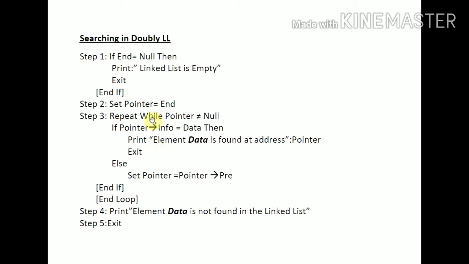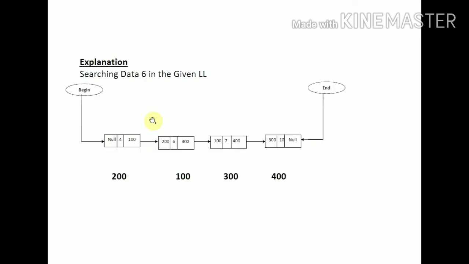Now we are going to see the example part. This is our linked list, and the element we are going to search is 6. We start from this particular portion. Begin value is equal to 200. These are all the addresses that I have taken; they are rough assumptions.